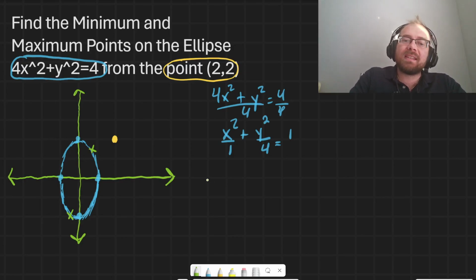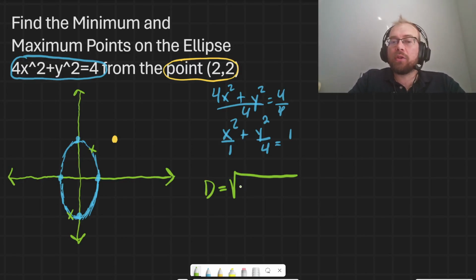Well, the distance formula is equal to the square root of (x2 minus x1) squared plus (y2 minus y1) squared, and this is essentially the Pythagorean theorem.